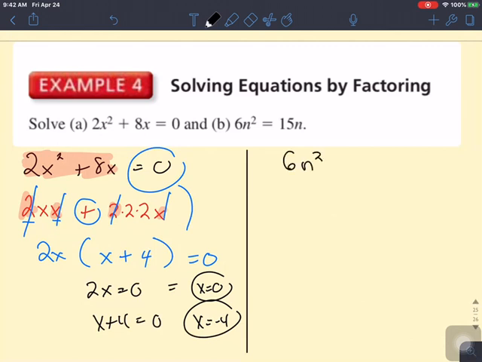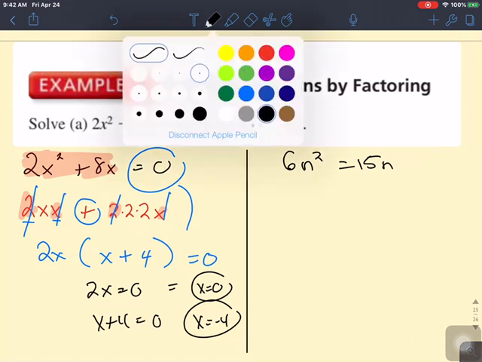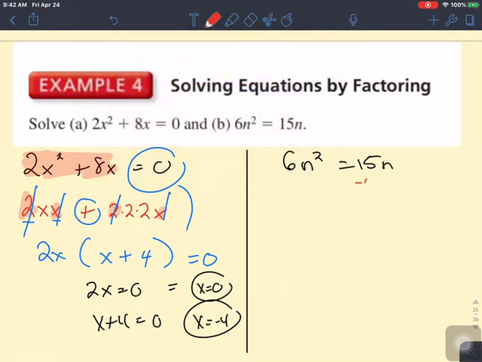6n squared equals 15n. You'll notice that it's not set to 0. So what we're going to do is subtract 15n from both sides. And what that's going to give us is 6n squared minus 15n equals 0. When you do that, that's what gives you the 0.